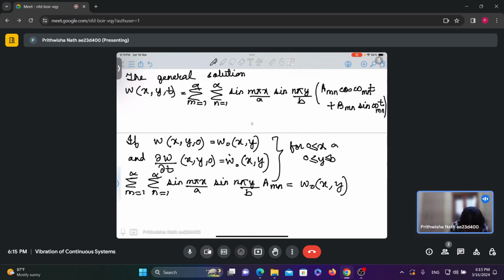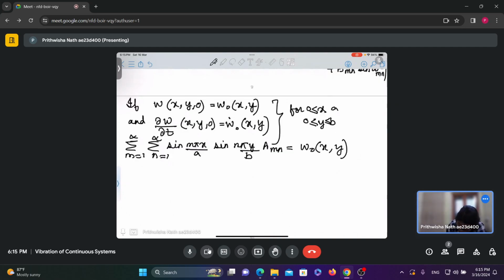Similarly, from the second condition, what we will get is omega mn bmn sine of m pi x by a sine of n pi y by b equals w naught dot x comma y.